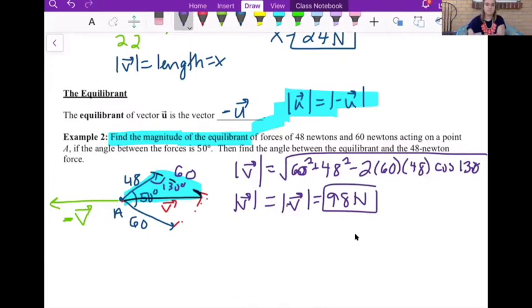Now, the second part. We want to find the angle between the equilibriant and the 48 newtons. So we want to find this angle.